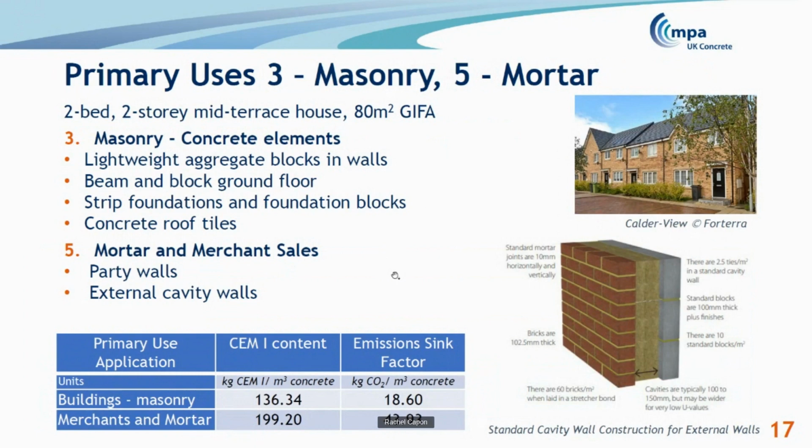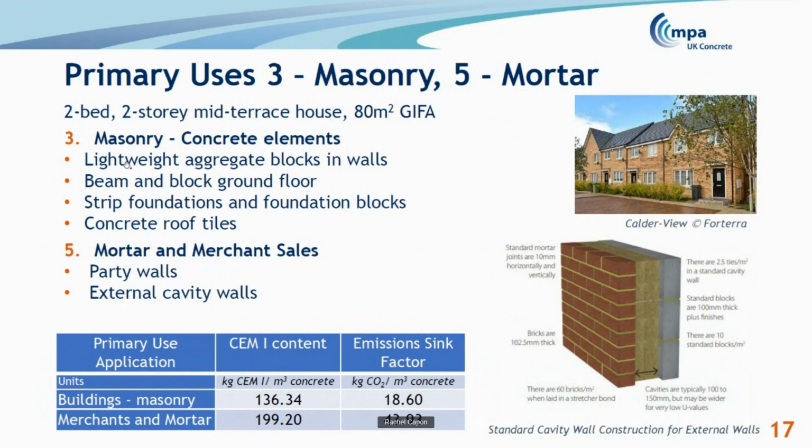Moving on to the next two primary uses, masonry and mortar. We've used the same case study prototype for these, which is a typical two-bed, two-story mid-terrace house. In terms of masonry, we're looking at the carbonation within the concrete elements in the house.